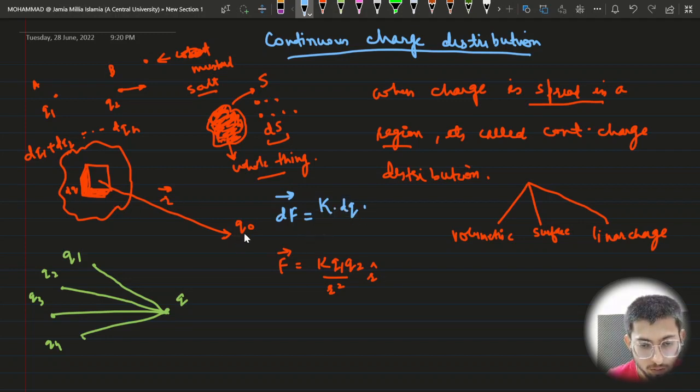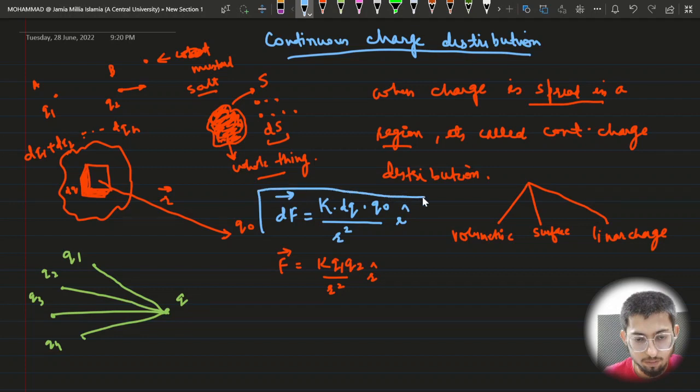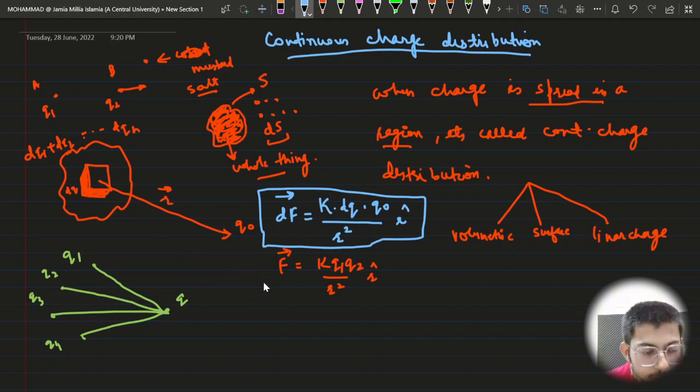What is q2? q naught, divided by r square, times the r unit vector. This is the force on this q naught due to each single piece of dq charge.